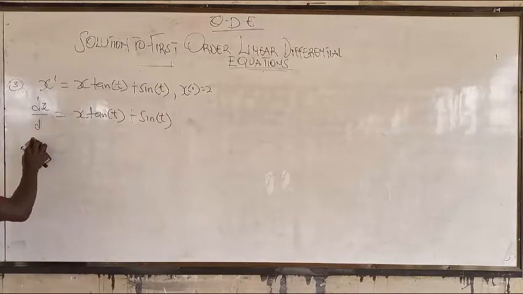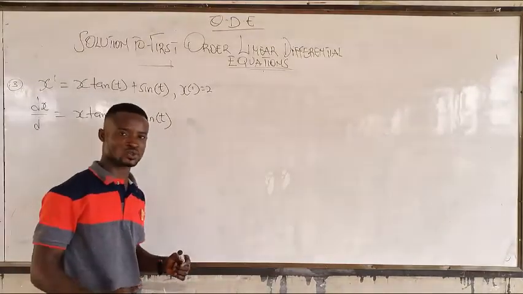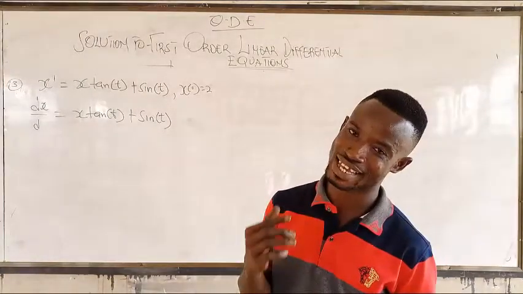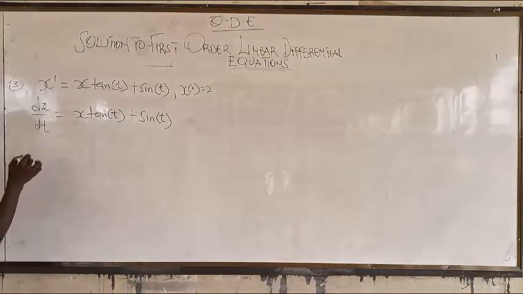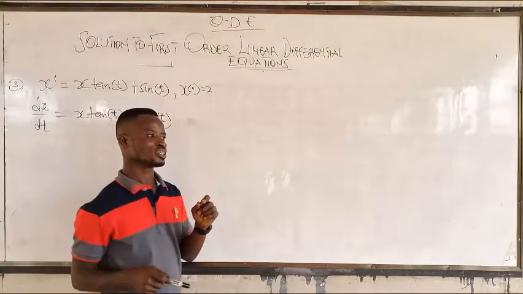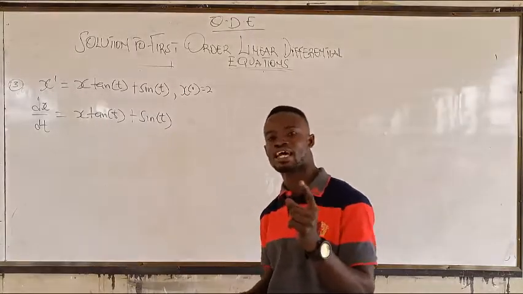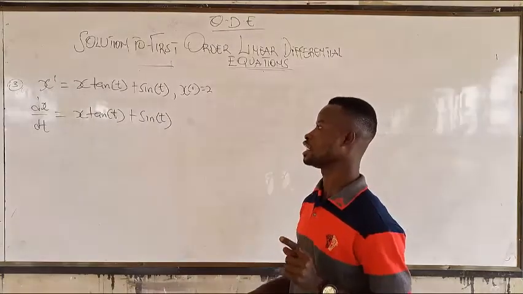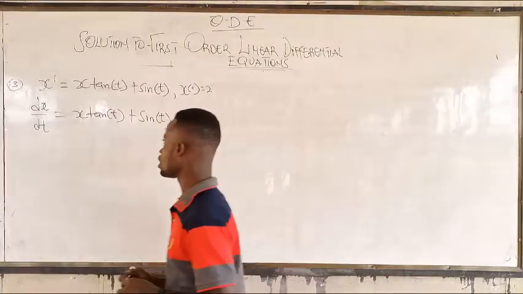So this is supposed to be ds/dt, but not dy/dx. Alright. So that means that the s is representing the function here.